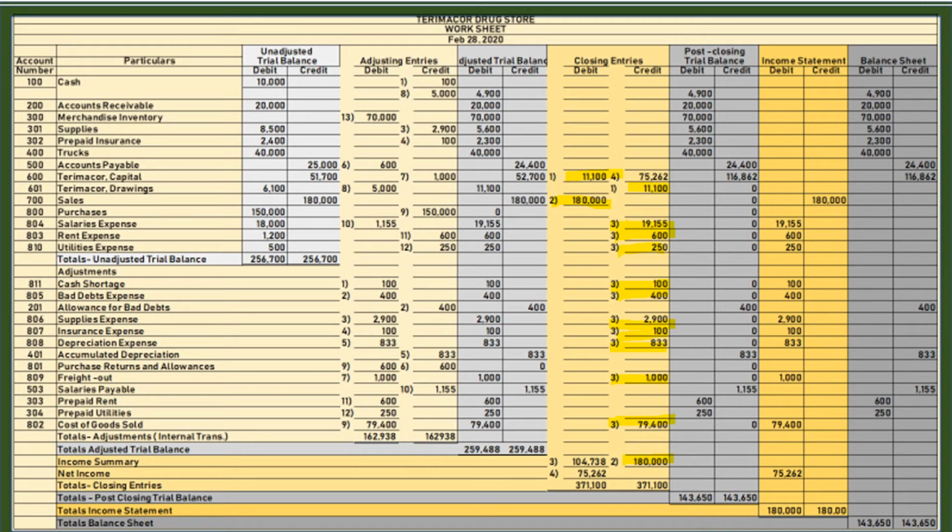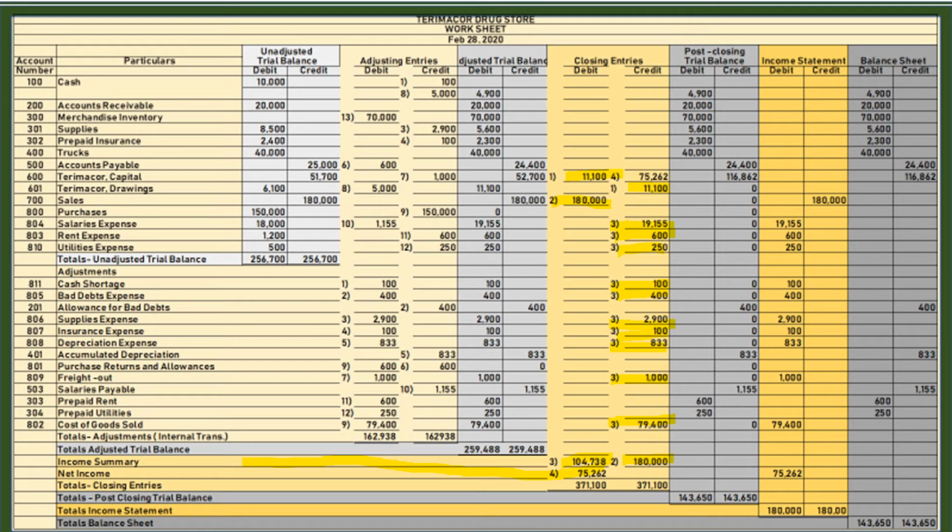So the total of all of these will be a debit to the income summary. So this debit is the total of all expenses in the income summary account.